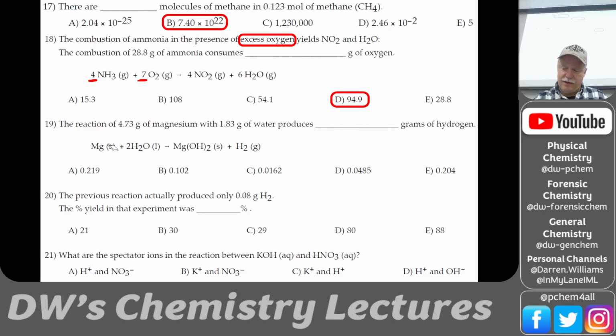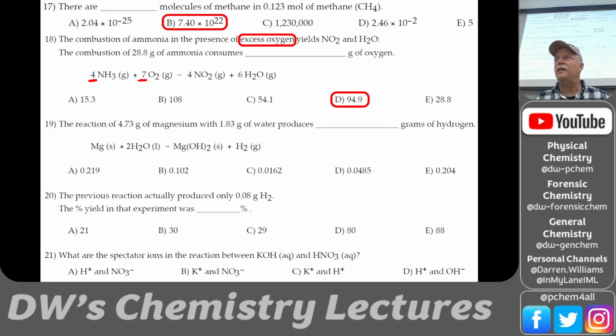Okay, so now we've got another one. This reaction of 4.73 grams of magnesium with 1.83 grams of water produces X amount of hydrogen. And here, what do you see in the problem? Do I see the word excess? No. Do I have a mass of both of my reactants? Yes.